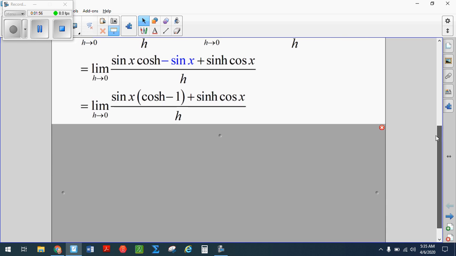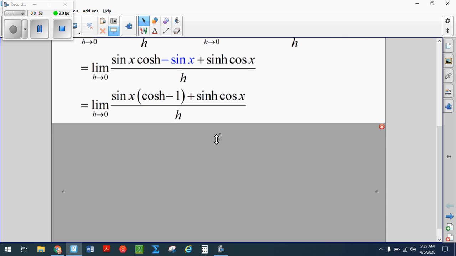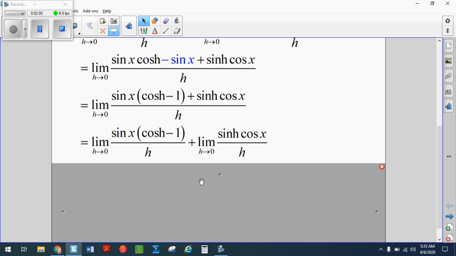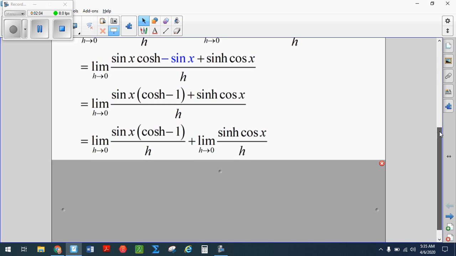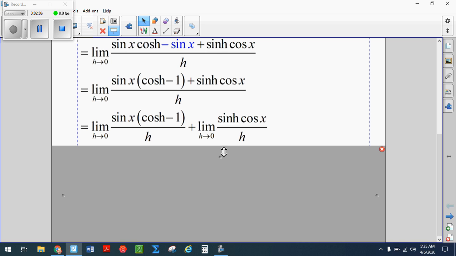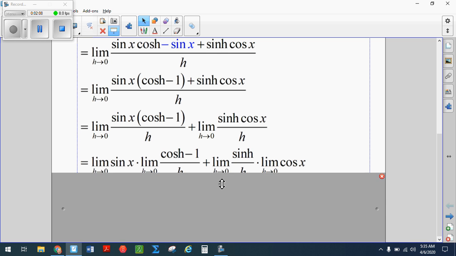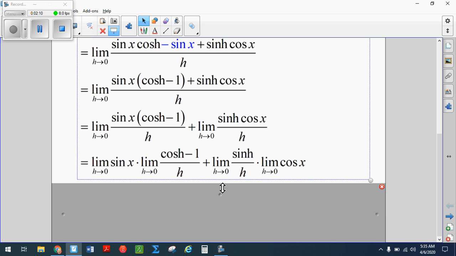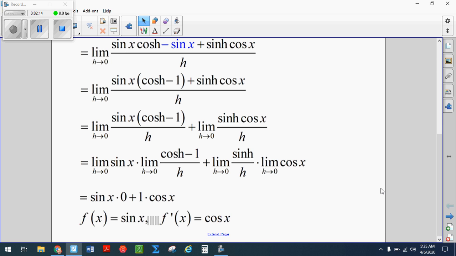Then I'm going to split up my limit into 2 fractions. And you can see in each of those fractions that you'll have one of the identities from above. Write it all out with limits and then plug in your values. So you wind up with sine of x times 0 plus 1 times cosine x. So if your function is the sine of x, the derivative is cosine x.